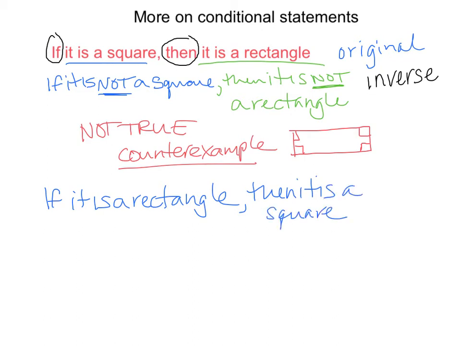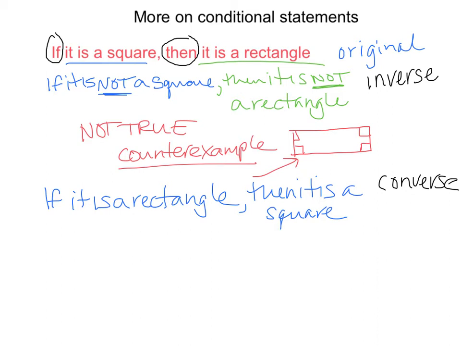Okay, that is called the converse. All we're doing is flip-flopping the hypothesis and the conclusion. This, in this case, is also not true, okay? And a counterexample would again be this shape, right? The hypothesis is met, that's a rectangle, but it is not a square, so the conclusion isn't true, okay?